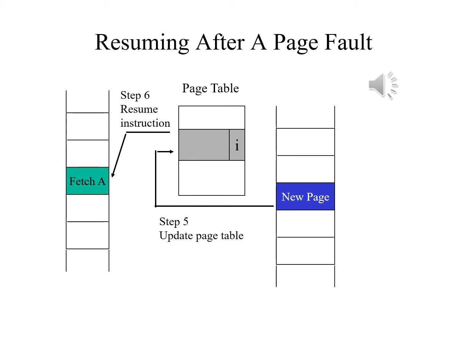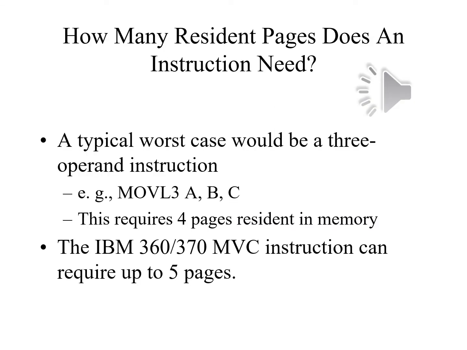The question that really needs answering is how many pages does a process need in memory at a time? Obviously, the absolute minimum would be the number of pages that are referenced by a single instruction. But that can be more pages than you would think.